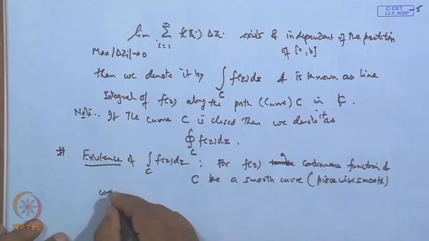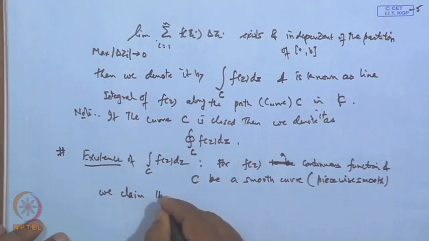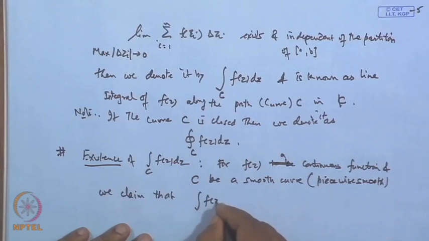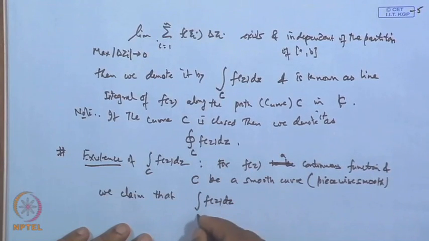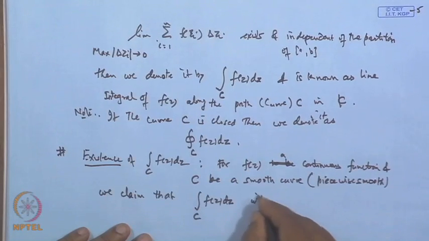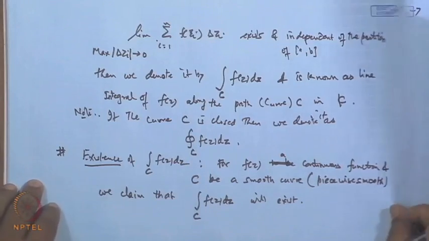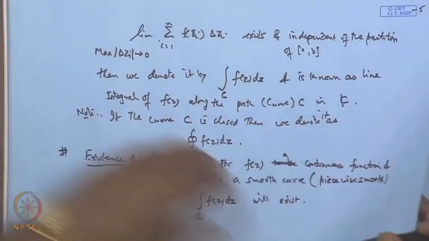We claim that the integral of f(z) dz along the curve C will exist. Why? Let us see why it is so.